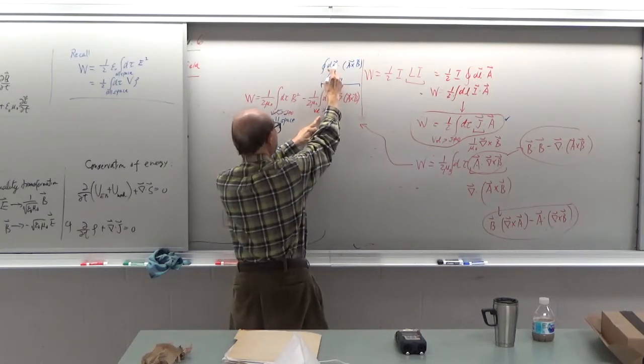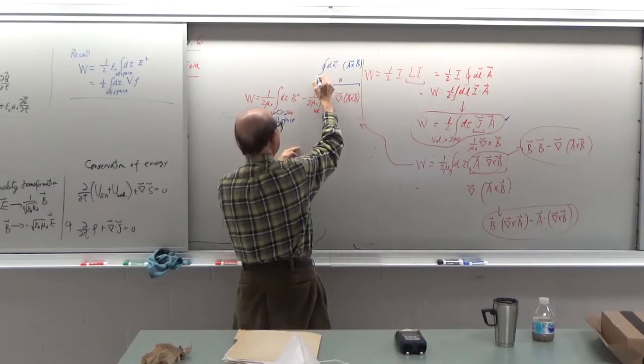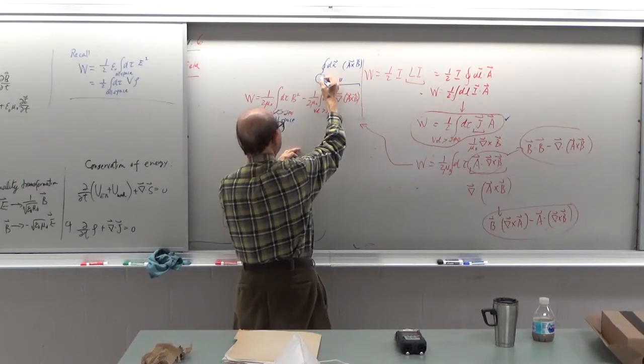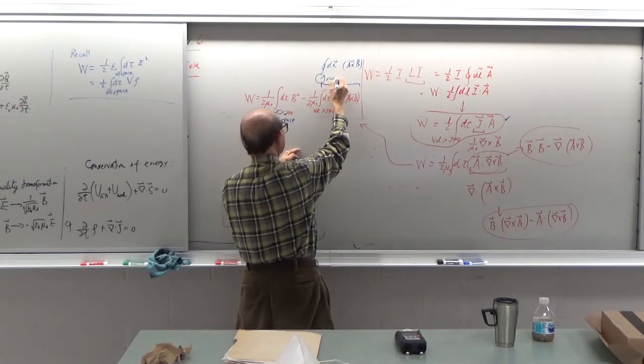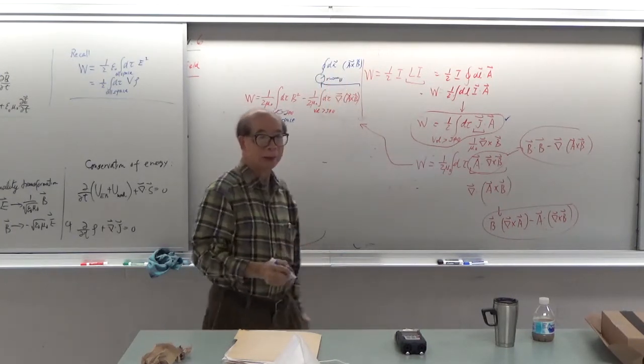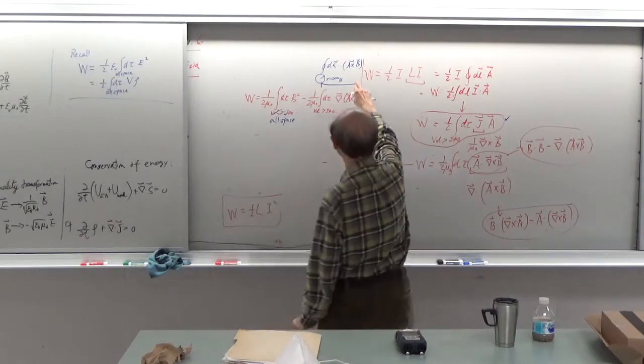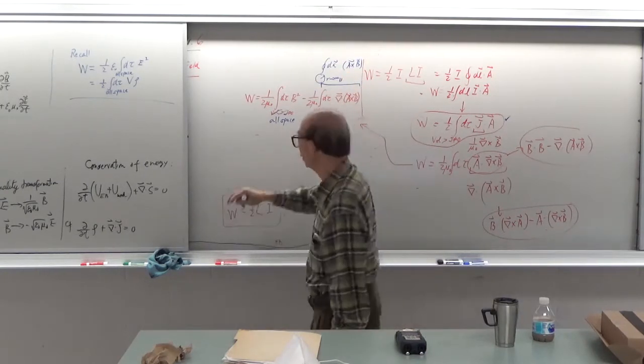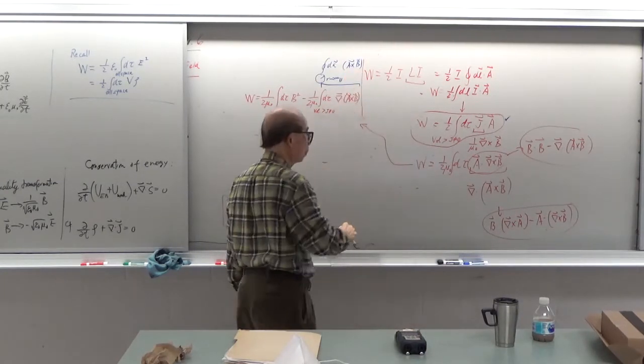That means that the surface integration would be on the sphere with radius R tending to infinity, large R. Let's see what that area integration of A cross B looks like.